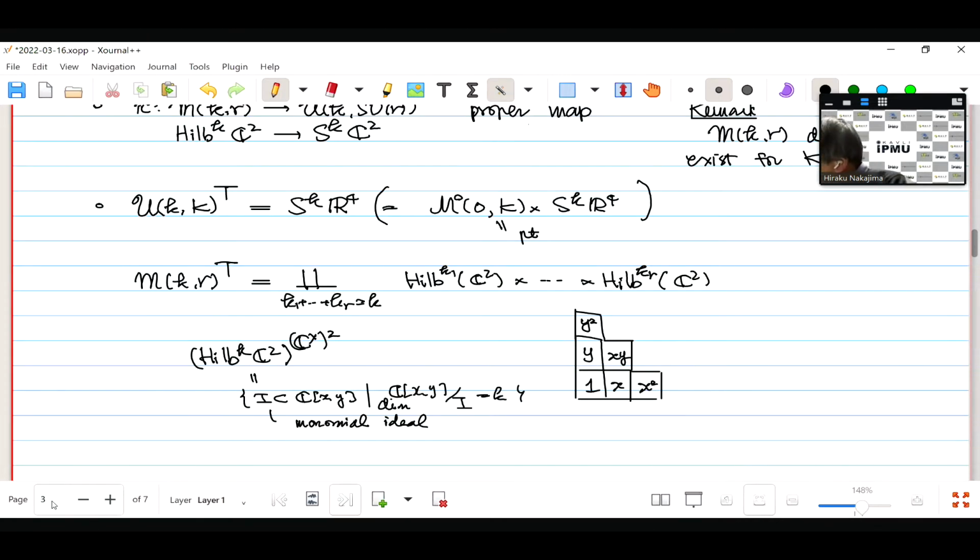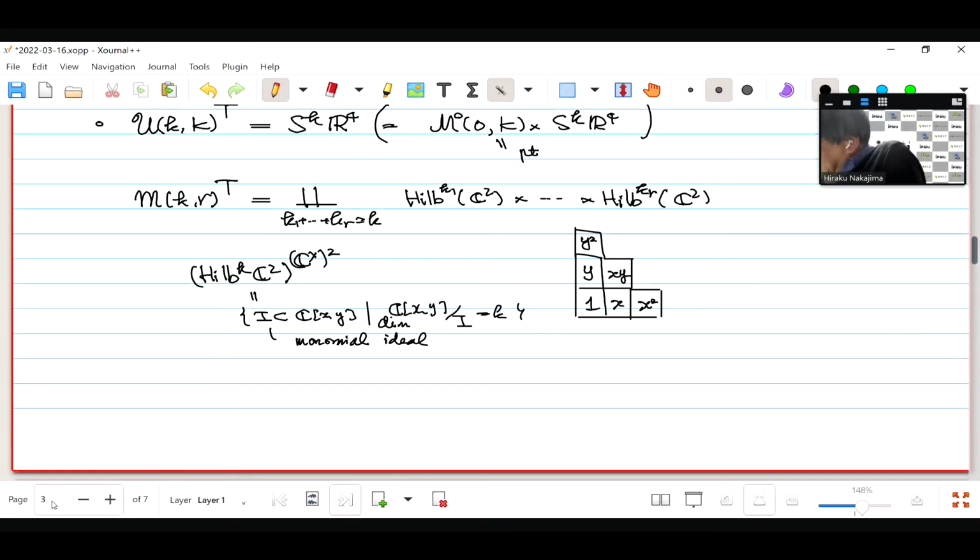Because once x squared y is in the ideal, then all the monomials to the right of x squared y or above x squared y are also contained in the ideal. So the remaining pieces must form a Young diagram. In particular, this is isomorphic to the set of partitions. So I denote the partition.